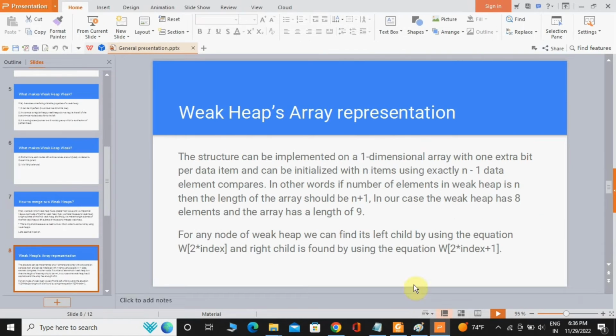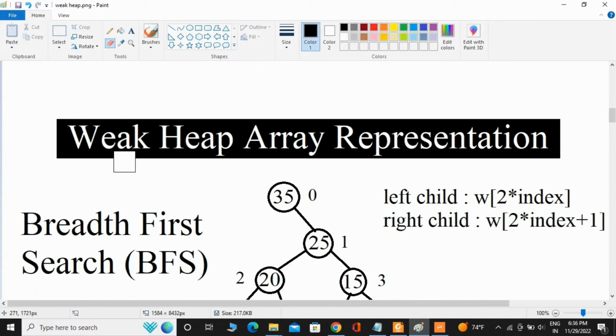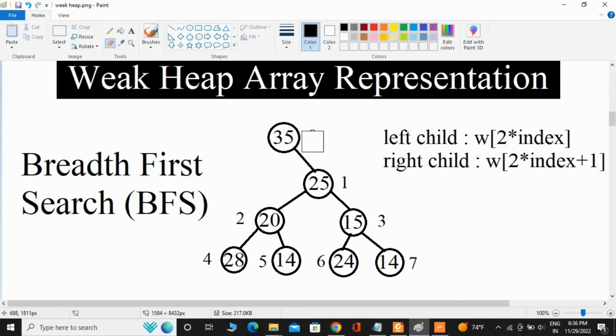Okay. So here we can see the weak heap array representation, and these are the index values in which these values are going to be placed. So 35's index is 0 and 25's is 1, and we are representing a weak heap using an array by breadth first search algorithm.